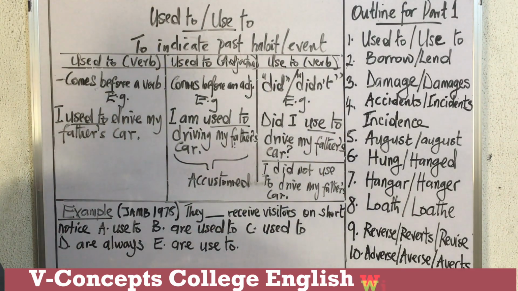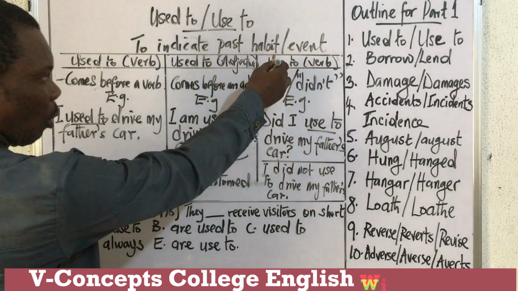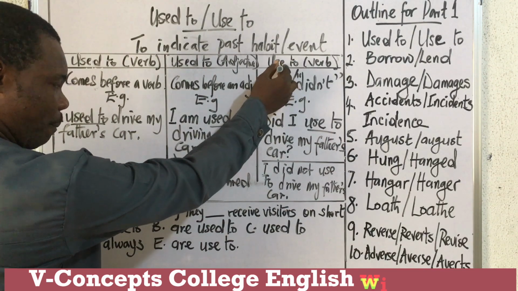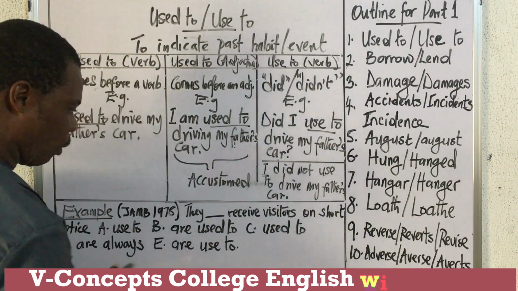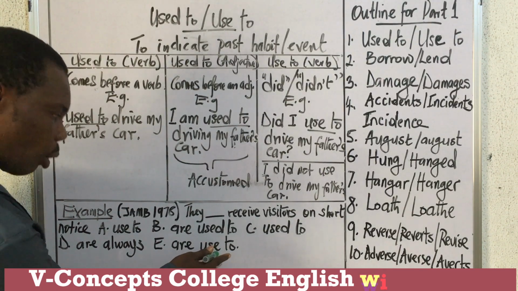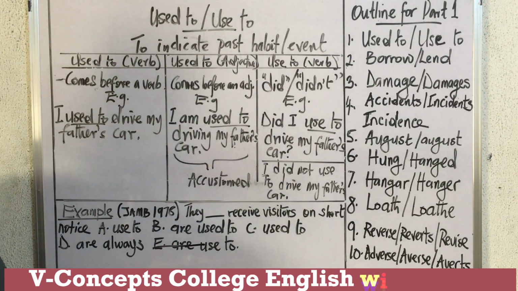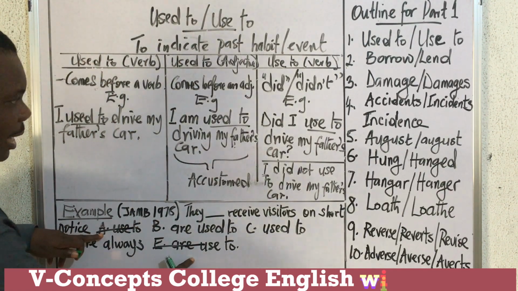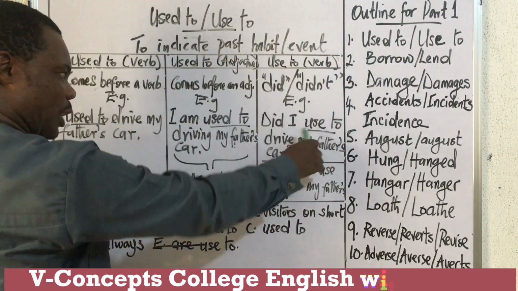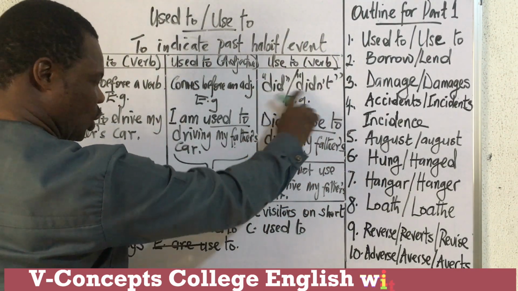If it doesn't, then you're going to eliminate the one that is in its simple form. So there's no did or did not in this expression. Therefore, used to cannot appear. Okay, you remove it. Then A, used to cannot appear.